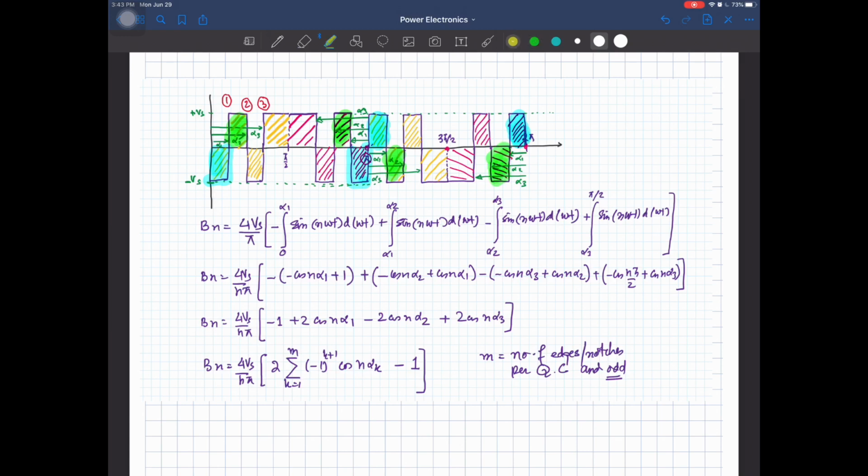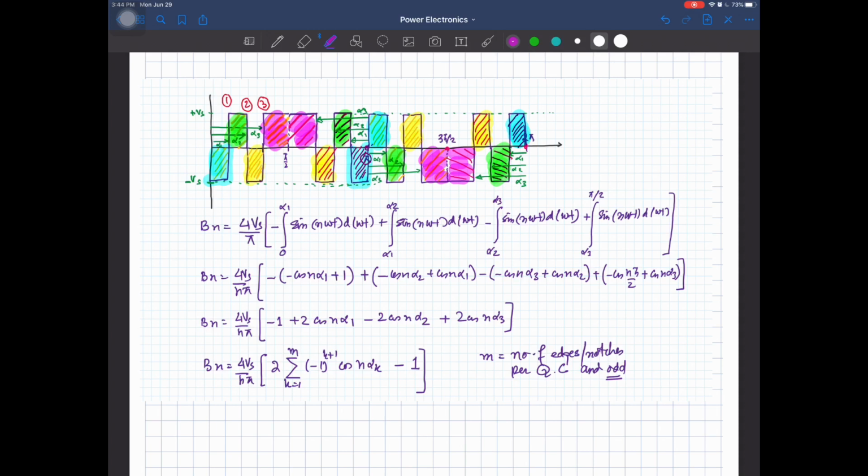And then looking at the third part, this has the angle alpha 3, this has the angle alpha 3, and similarly this one is alpha 3 and this one is alpha 3. And then considering the last part, that is from alpha 3 to pi by 2. Similarly this one is from alpha 3 to pi by 2, over here it is from alpha 3 to pi by 2, and this one is also from alpha 3 to pi by 2.